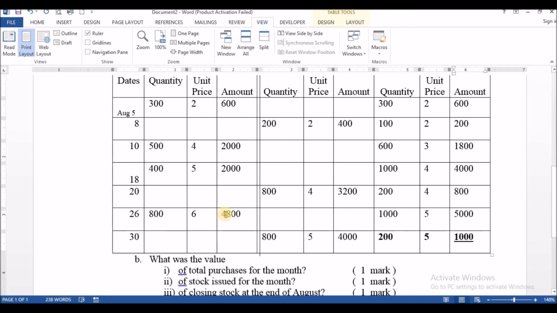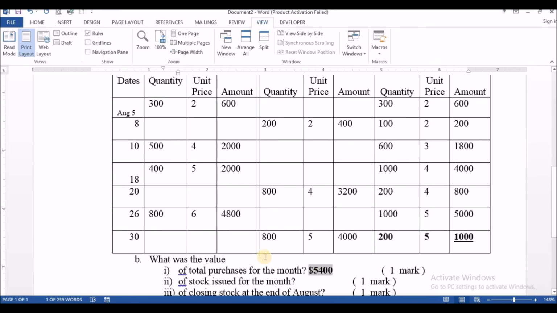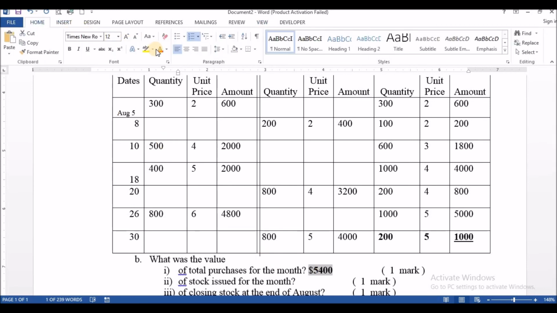So this is 4,000 plus 2,000, 6,000, 6,800 plus 600, that will be 5,400. So the answer here, $5,400. Let me change the color. Or just highlight it. Right.